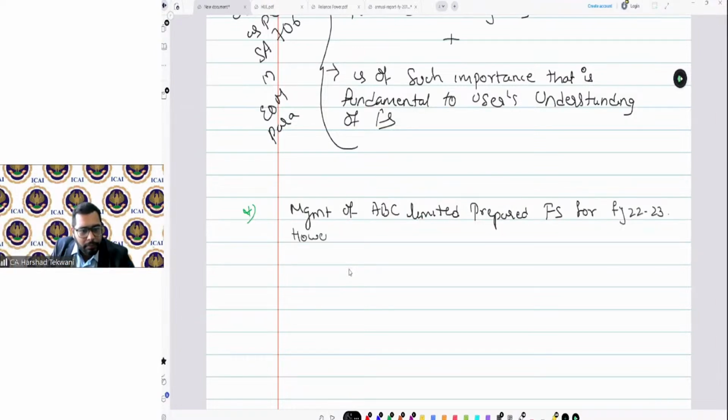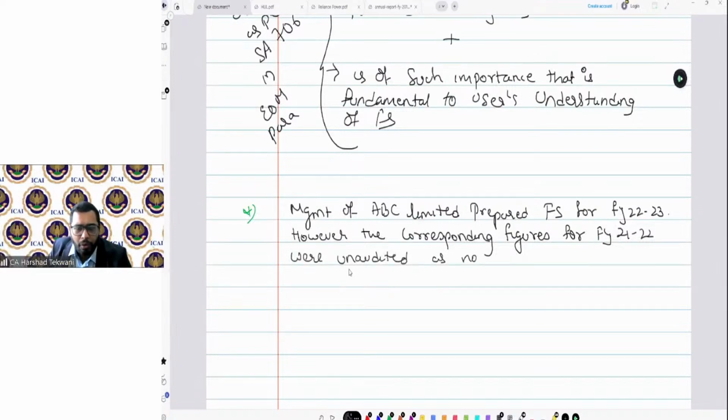However, the corresponding figures for FY 21-22 were unaudited figures, as no audit was carried out.